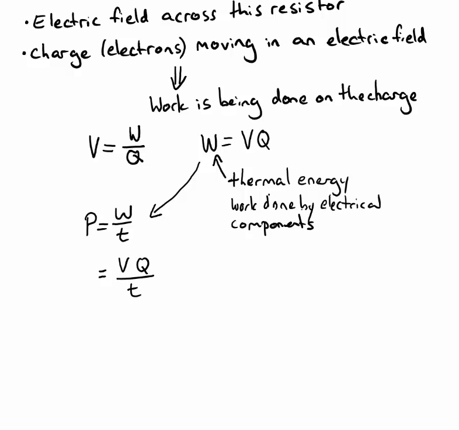So the time it takes for a charge Q to move across a certain potential difference. Just rearrange this in a very simple way here. It's the voltage times Q divided by T. So the amount of charge per unit time.